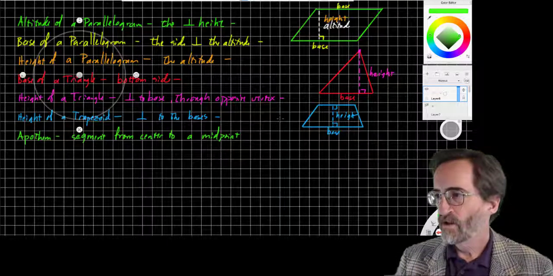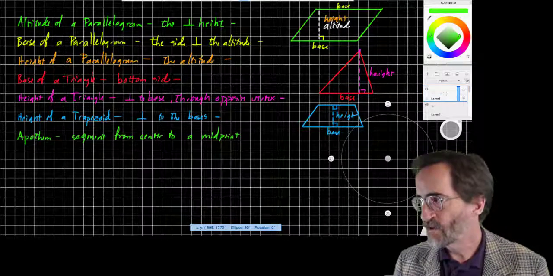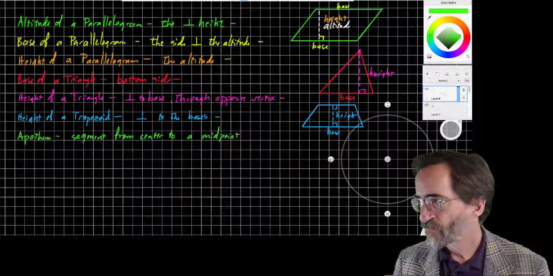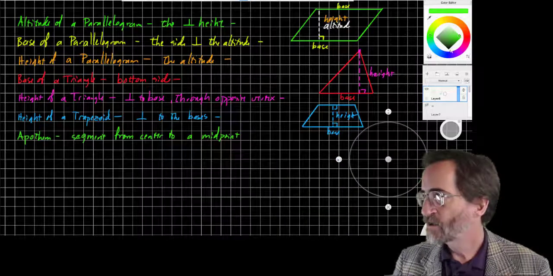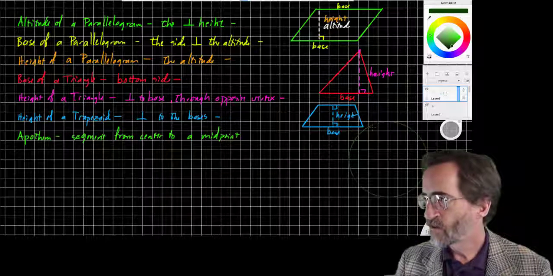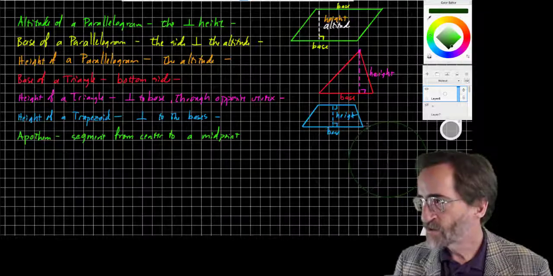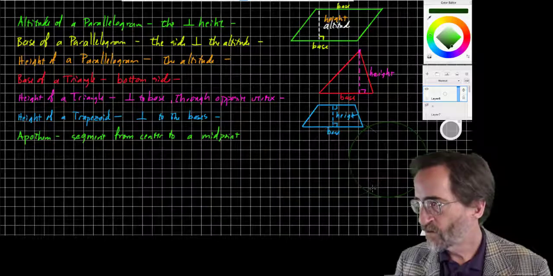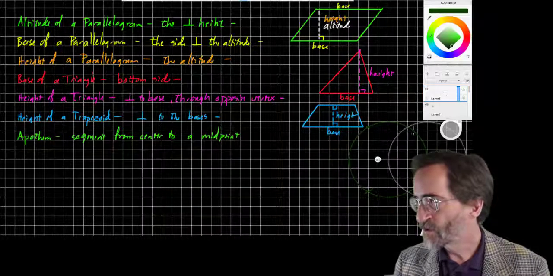Okay. For my example, I'm going to draw a regular hexagon. And it's easiest to construct a hexagon starting with a circle. If you measure off equal radiuses all the way around a circle, you'll make a hexagon, a regular hexagon.